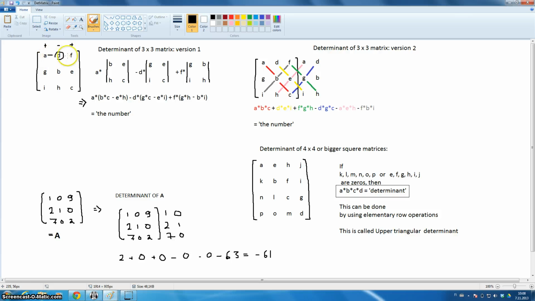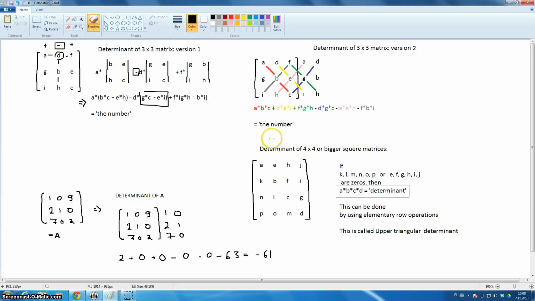We erase these rows and columns, and we find the G E, I G F matrix whose determinant is here, the determinant of this one, which is another element of this sum, and so forth. But there is a minus over there.